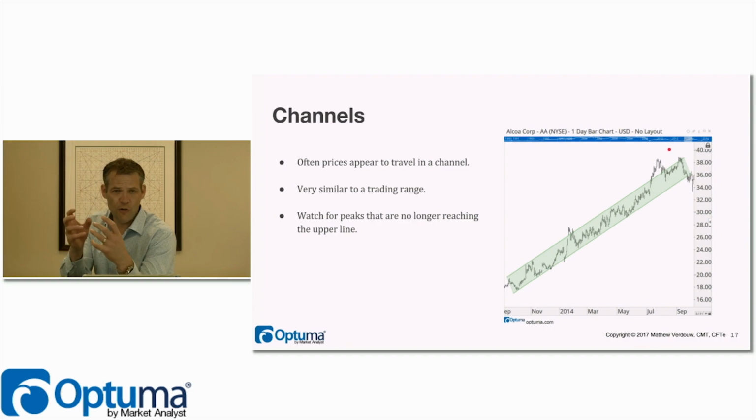And so this is a use of channels. When I've got that top boundary, if I've got peaks that aren't making it to the top, but they're still bouncing off the bottom, it's giving me really early warning that, hang on, there's a little bit of weakness here. The bears or the bulls or the buyers aren't able to push that price up into new highs, and it could be really early warning that there's a change of trend to be expected.